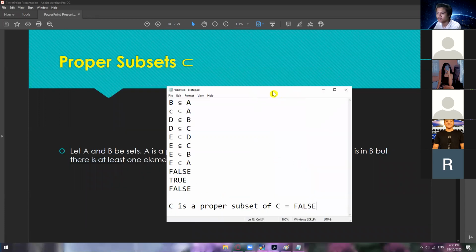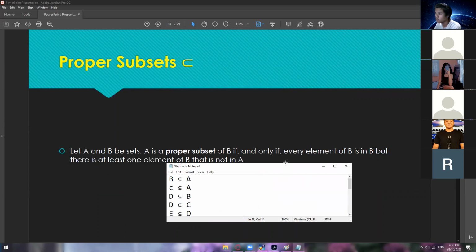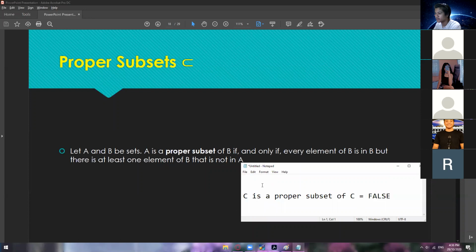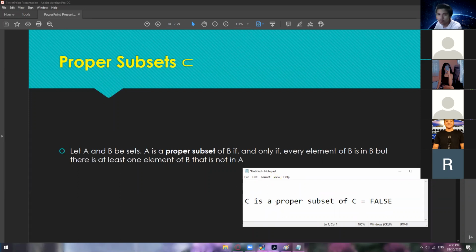Okay, because there is no element, at least one element, that is not in set C. Of course, any element that is inside of set C will also be in set C, since it's the same set. So you have to have a different set wherein it contains at least one element that is not in that set.